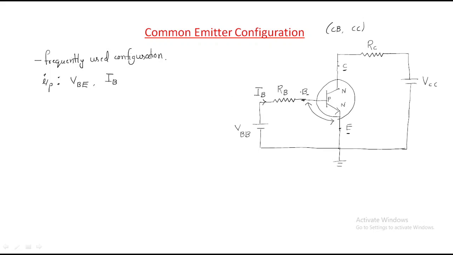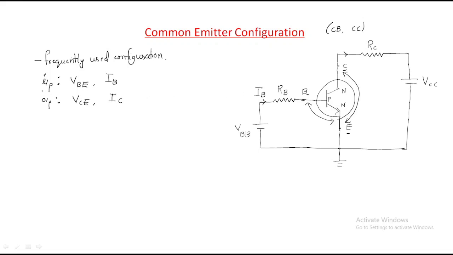Next, what is the output terminal? We have to take the output from the collector and emitter points. So the output voltage is the collector-emitter voltage, and the output current is the collector current.